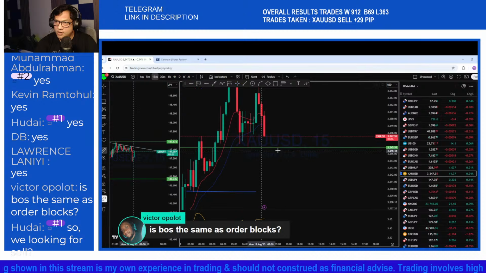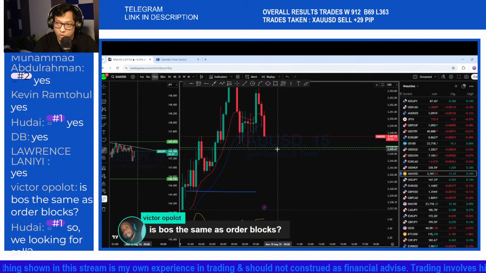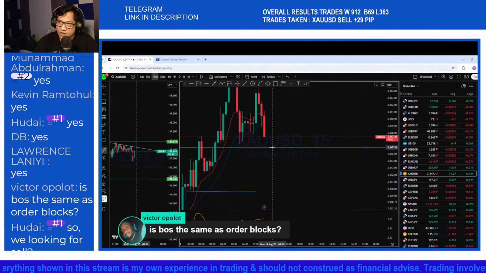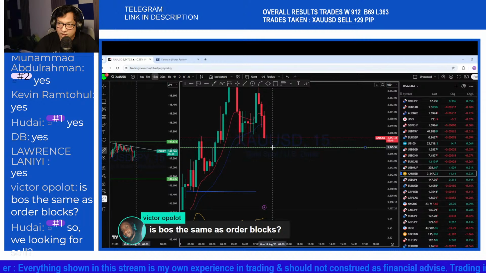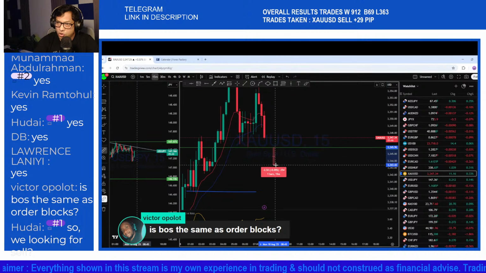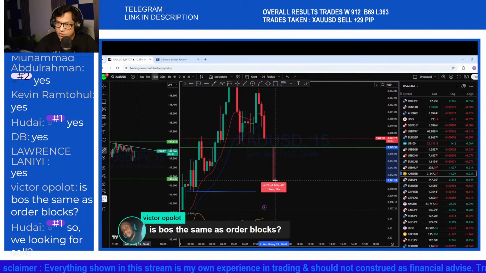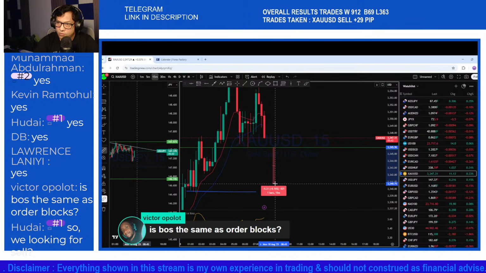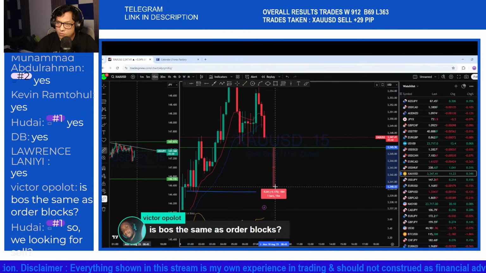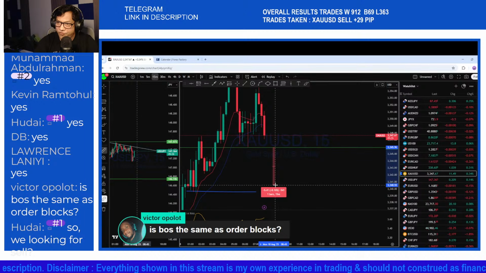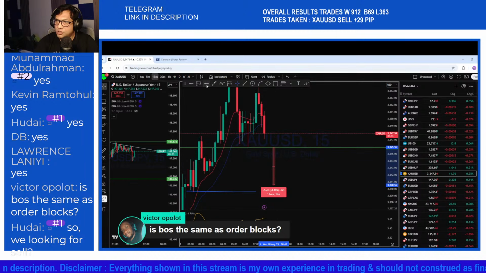So we could look at placing a buy limit here, not a market order, a pending order, with nearly a 55 pip stop loss. That is the buy limit I will be placing at that level.